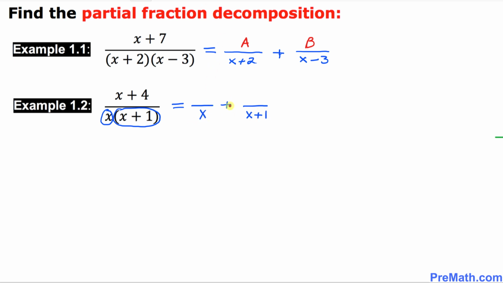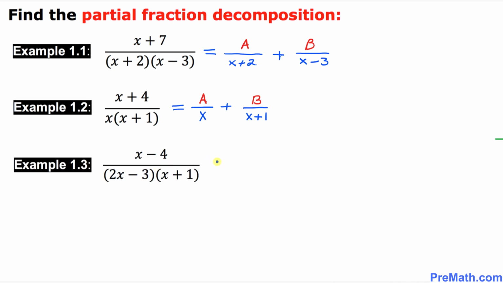And then on the top, you just put down a for the first fraction and b for the second, and that is our partial fraction decomposition. And once again, I will show you how to find the a and b values later on.